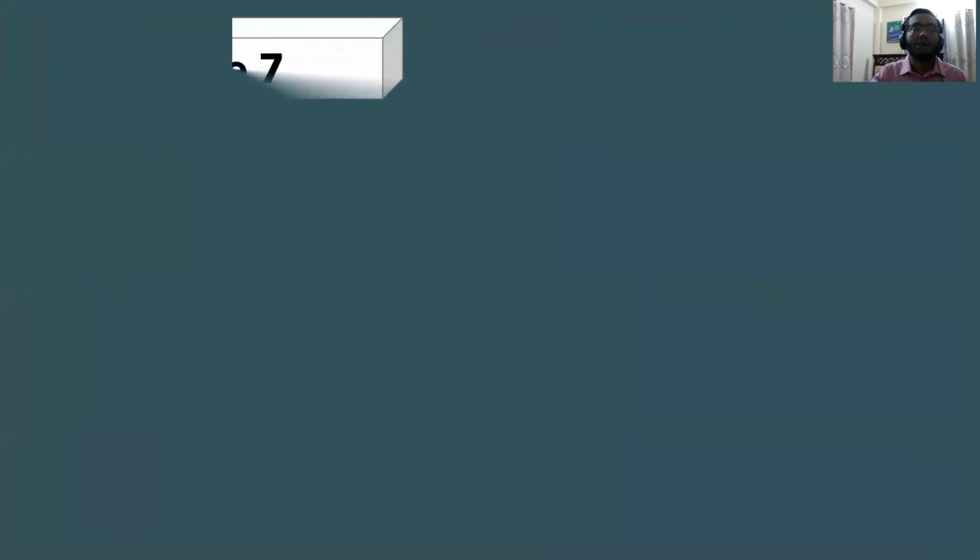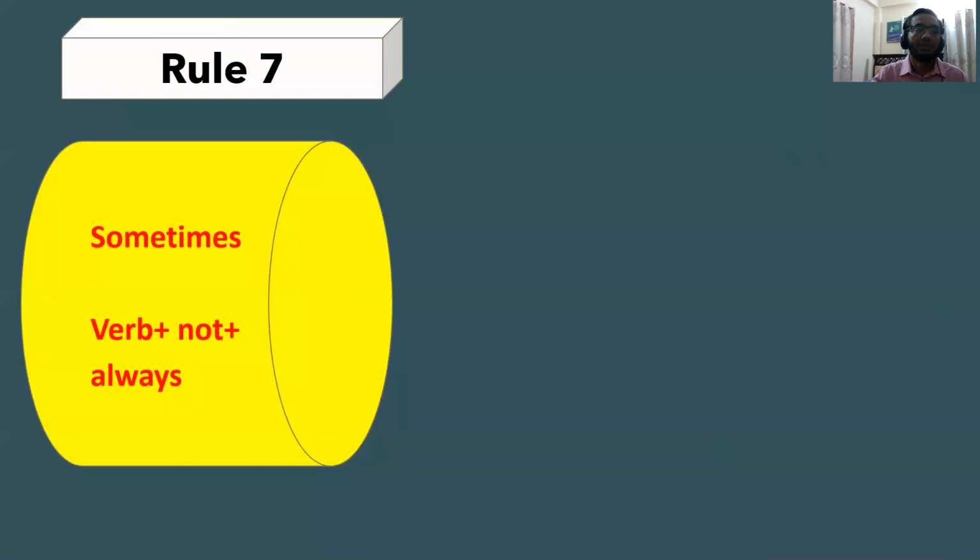What is rule 7? Rule 7, "sometimes." The word "sometimes" in the affirmative sentence can be replaced by verb plus "not" plus "always." If you see the word "sometimes" in the affirmative sentence, then you have to use verb plus "not" plus "always" in the negative one.